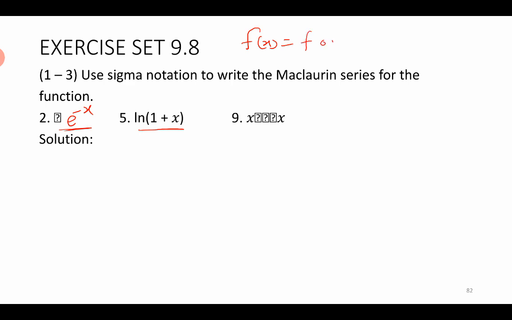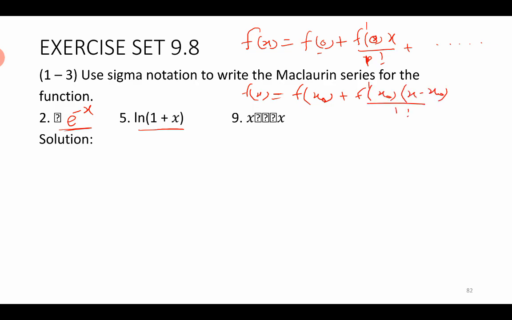So this is f of 0 plus f dash of 0 into x divided by 1 factorial, and the same way it goes on infinitely. We will not stop at a degree. That is the Maclaurin series. If x0 is non-zero, then the Taylor series will come as f of x0 plus f dash of x0 into (x minus x0) divided by 1 factorial, plus the second derivative at x0 times (x minus x0) whole square divided by 2 factorial. This way it goes on to infinitely many terms, that is the Taylor series.